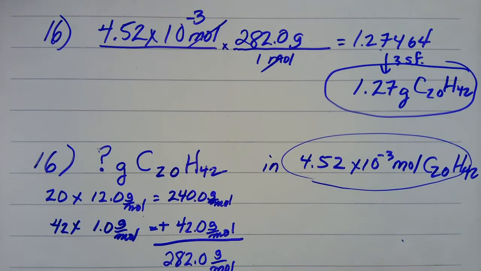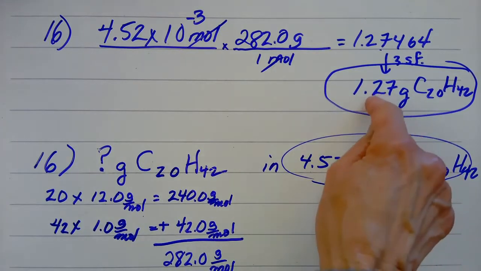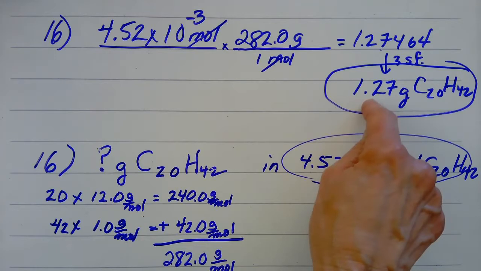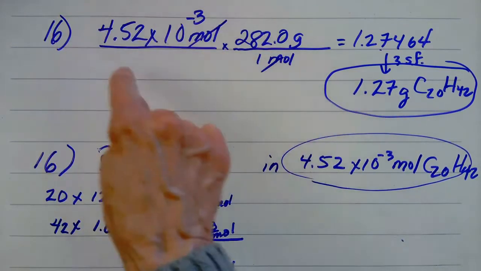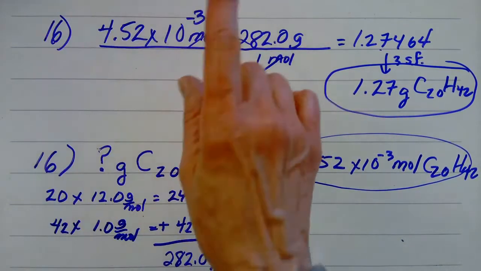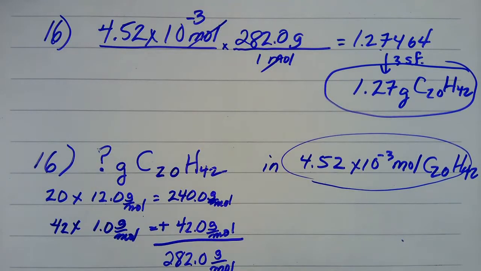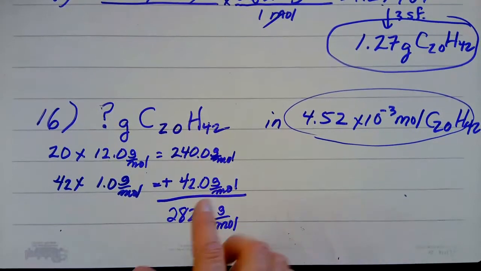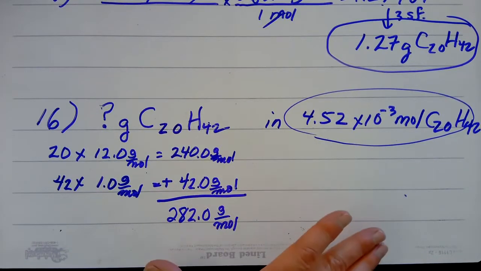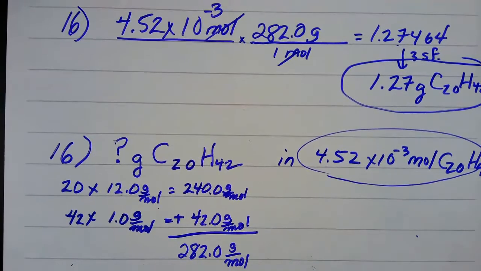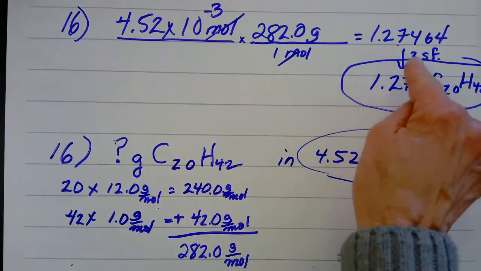Now, just to check, this is not a very large mass, but given that we had much less than a mole, 0.00452, if we take that out of scientific notation, we could see that we wouldn't have a very large mass, because if we had 1 mole, we'd have this amount, but we have way, way less than that, 0.00452 of that, so this makes sense.